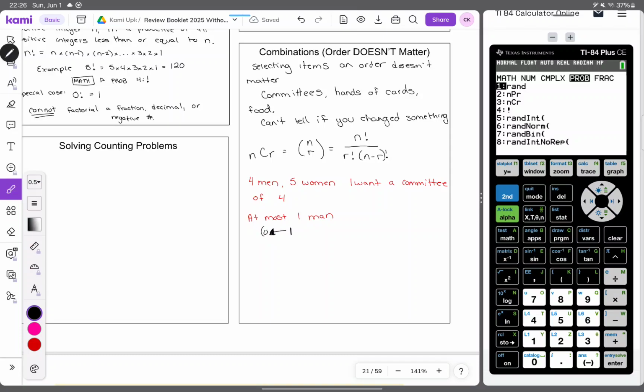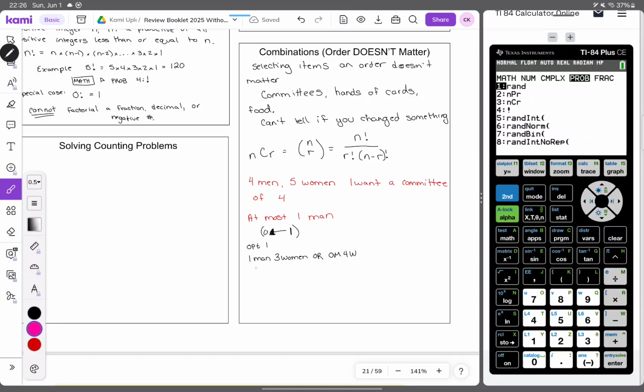So in this case, I run out of options when I have 0 men. So my option 1, I have 1 man, which means I have to have 3 women. Or option 2, I have 0 men and 4 women.